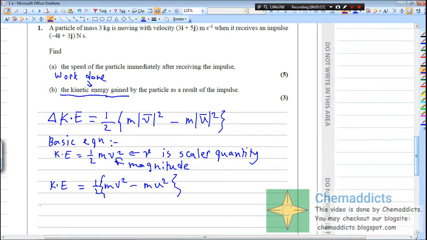Here, this is the initial velocity u, and previously we found the magnitude of the final velocity. At first let us find the magnitude of each.